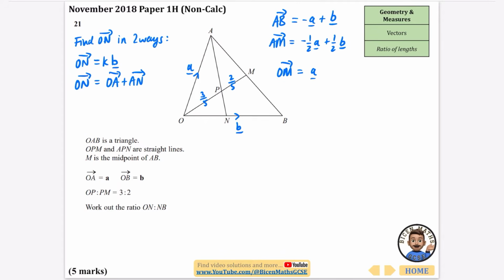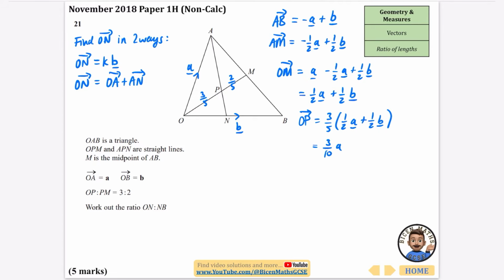So that's A plus AM, which is minus a half A plus a half B. So that is a half A plus a half B. Now I can find out what OP is because it's 3/5 of that. So OP is 3/5 of a half A plus a half B, which is 3/10 A plus 3/10 B.